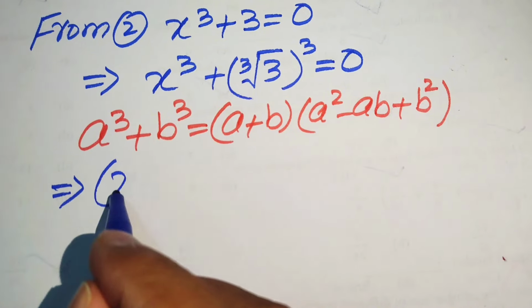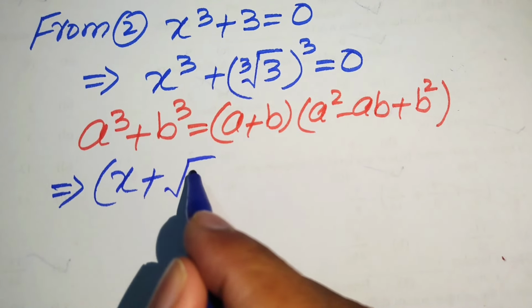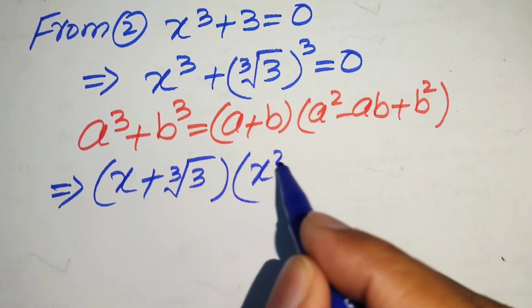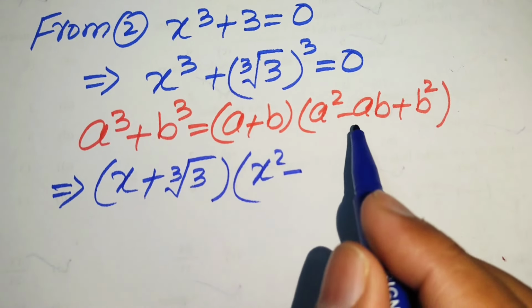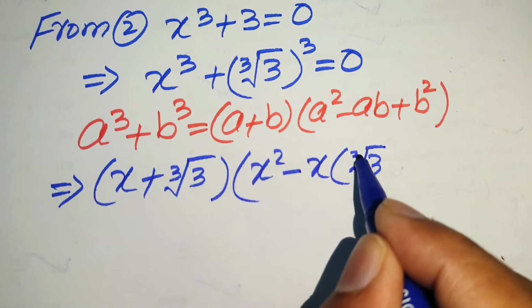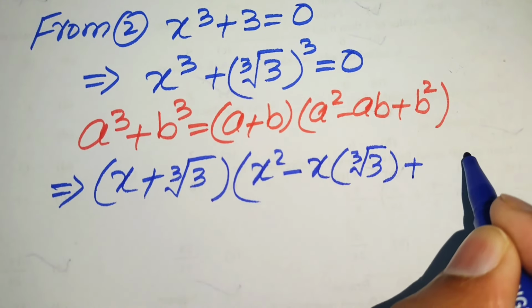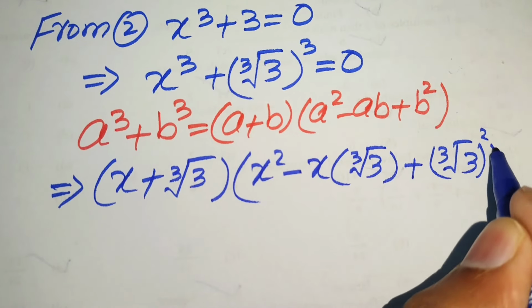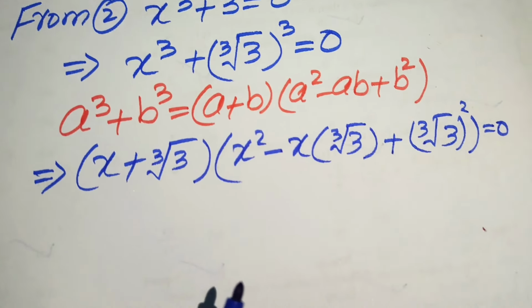Okay, so according to this nice formula, we write our above equation in this form. So we have x plus cube root of 3 into x square minus ab. So a is x and b is cube root of 3, and plus b square, b is cube root of 3 whole square, and this is equals to 0.